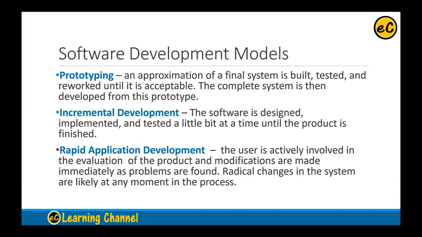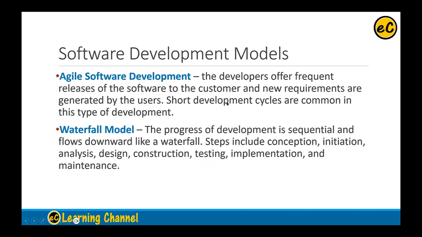This is called prototyping, okay? Incremental development means that when you design the software, you design bit by bit. You design one component, then another component, and then another component. That's called incremental design. Rapid application development means how to develop the software in a quick way, okay? That's called rapid application development.